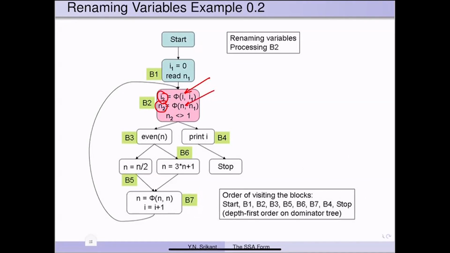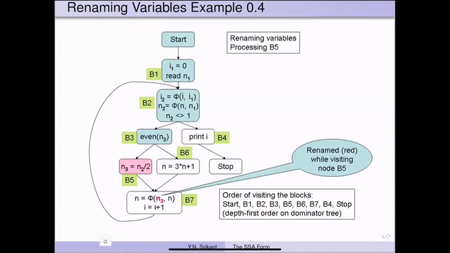There is a usage of N here, and that is actually this itself. So we can rename that N as N2. And the visit of the block B2 is over. Now visit B3. Now there is a usage of N here, and the N which is relevant is the current version of N, which is N2. So that is easy.